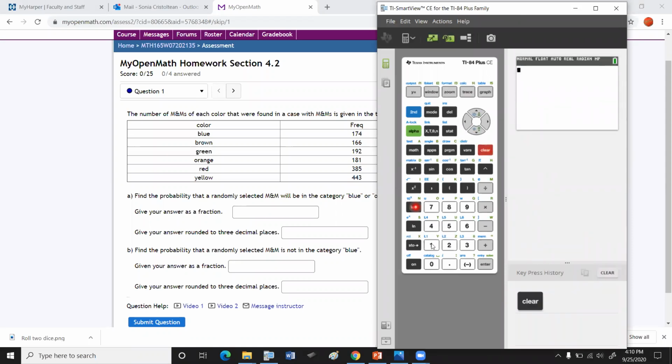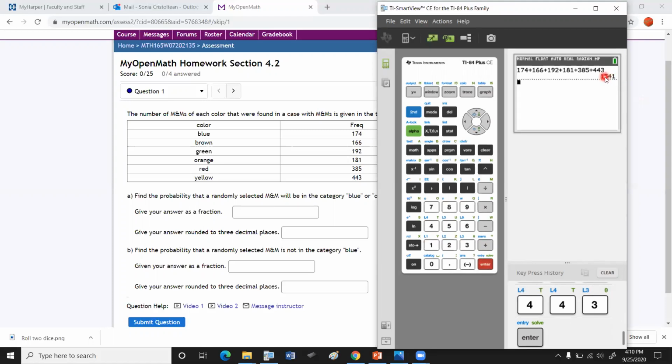So here we go. We have 174 plus 166 plus 192 plus 181 plus 385 and plus 443. So the total number is 1541.